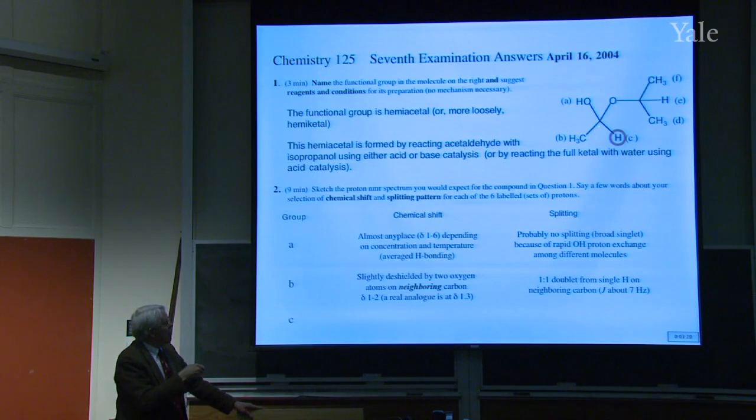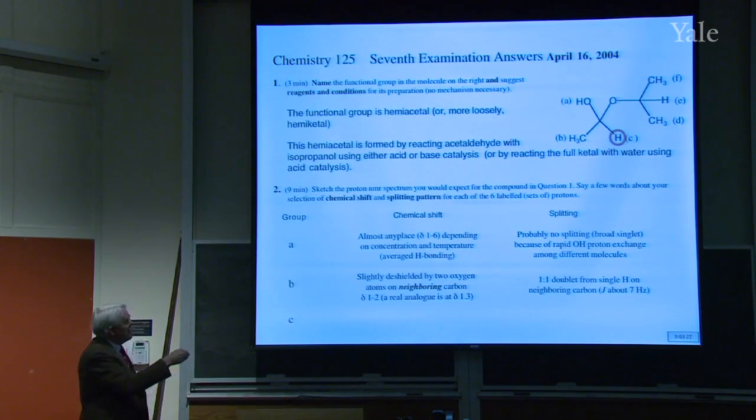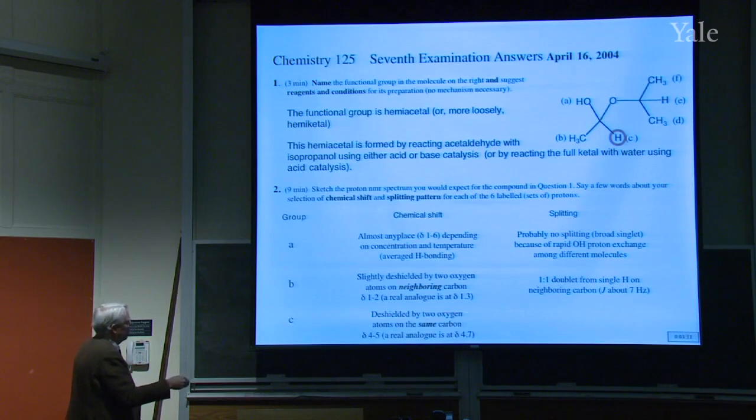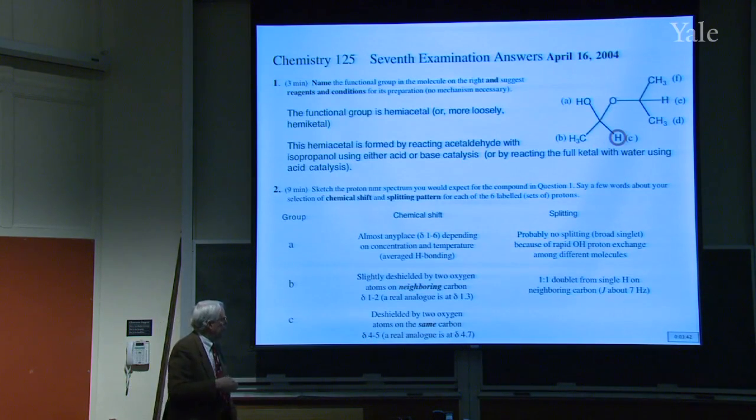It's attached to a carbon. What's that carbon attached to? Amy? They're oxygen. So it'll be shifted down more than this one was, right? Because it's closer to the oxygens, right? So it's deshielded by 2 oxygen atoms on the same carbon, right? So between 4.5. There's an analog that's at 4.7.